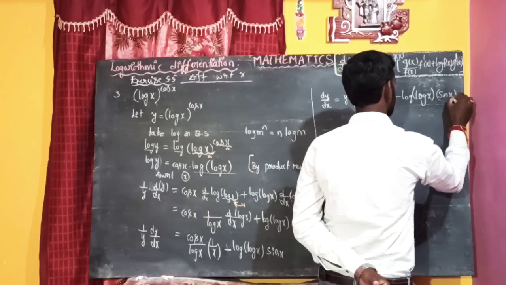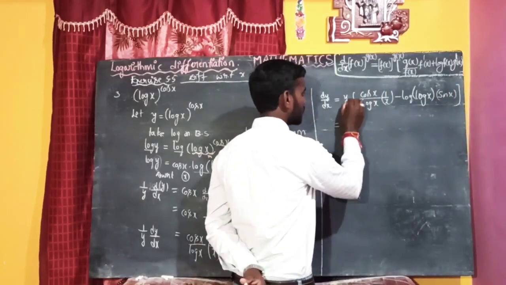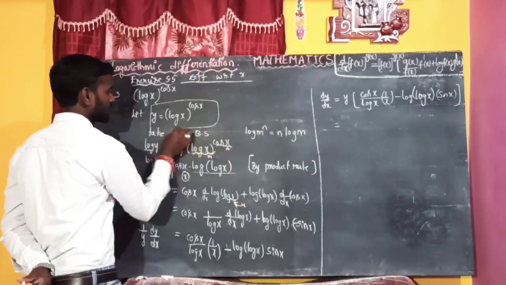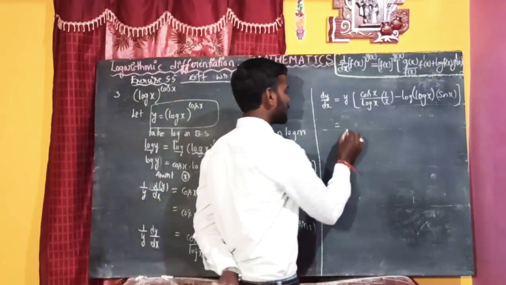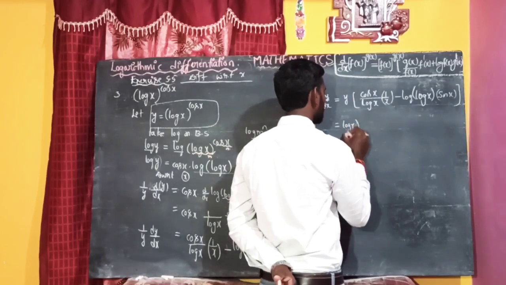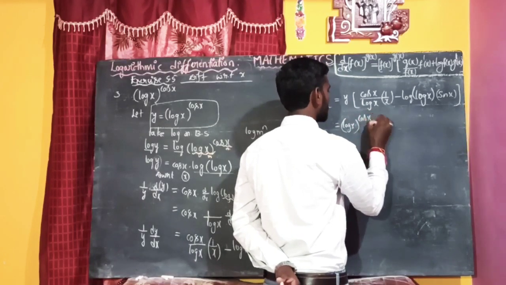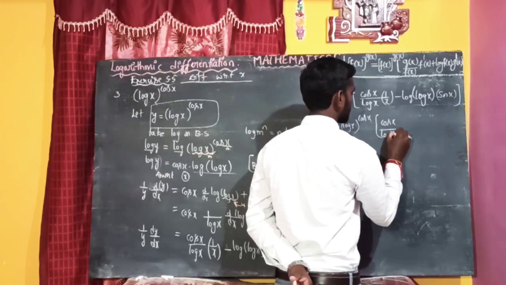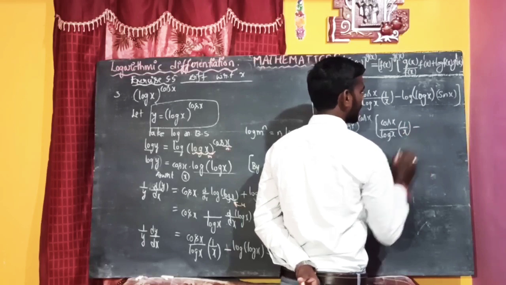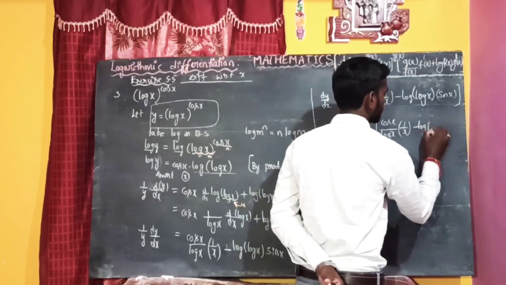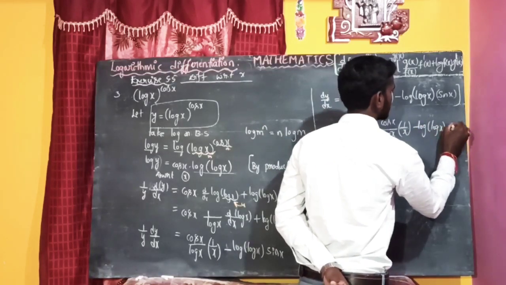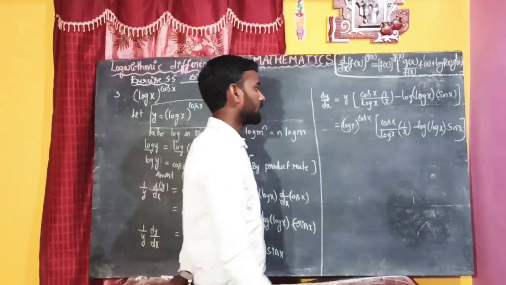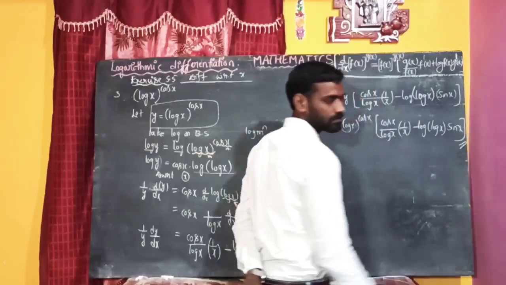Here y means we call this function y, that is log x to the power of cos x, into cos x by log x into 1 by x minus log of log x into sin x. This is the required derivative of the given function.